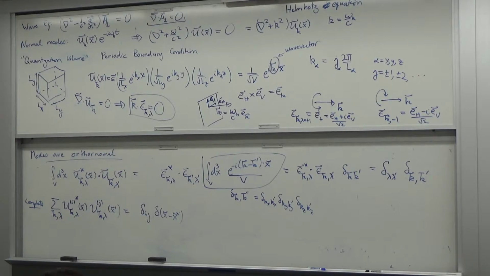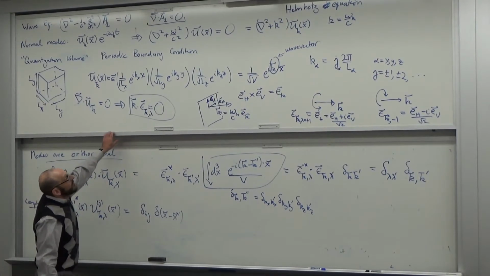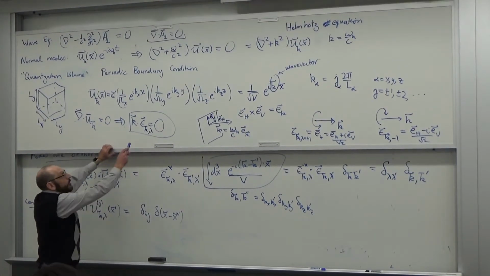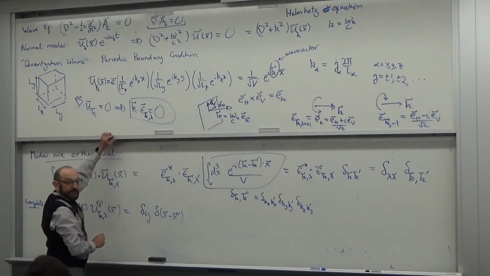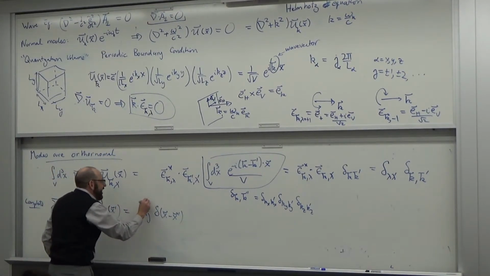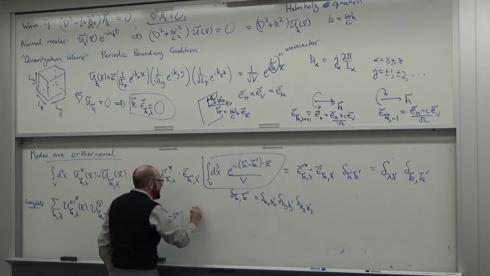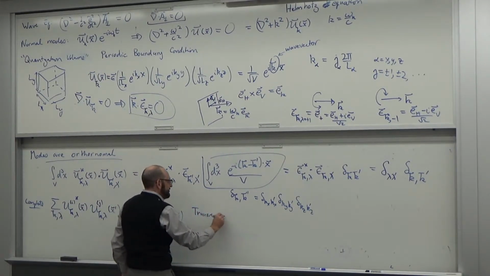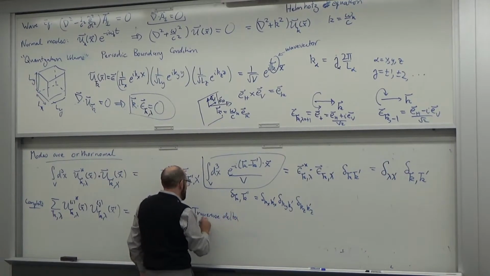The longitudinal part. These functions are transverse. These functions had a constraint that this was true. So we would have to put a T on here. This is what's known as the transverse delta function. It's a complicated bit.